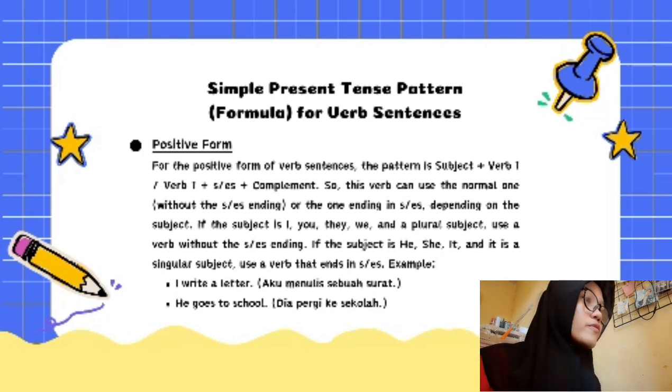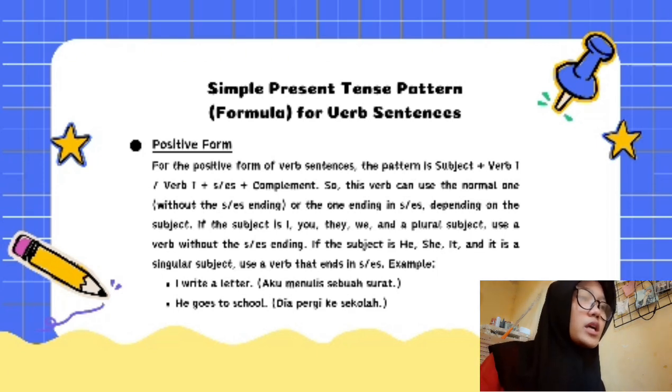Next, simple present tense pattern formula, positive form. For the positive form of verb sentences, the pattern is subject plus verb 1 or verb 1 plus S/ES plus complement. So this verb can use the normal form without S/ES ending or the one ending in S/ES depending on the subject.